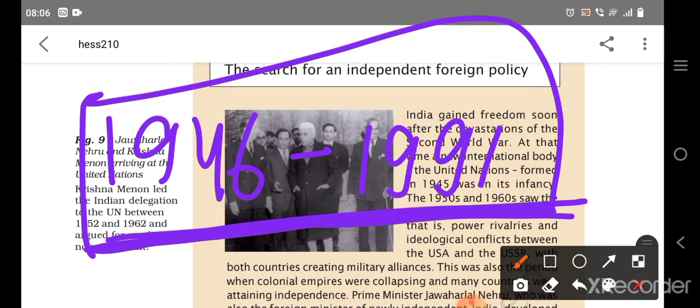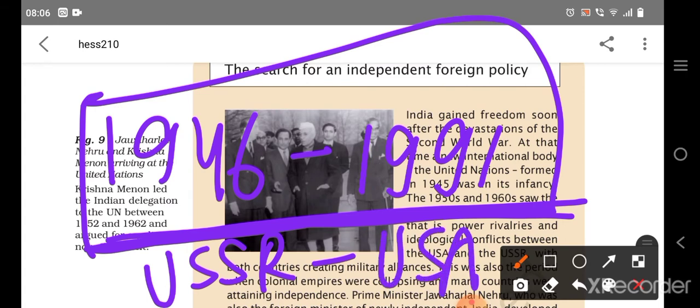This Cold War was mainly between two countries: the Soviet Union, in short form USSR, and the USA. It was an indirect war between the USSR and USA. Both countries were making alignments.